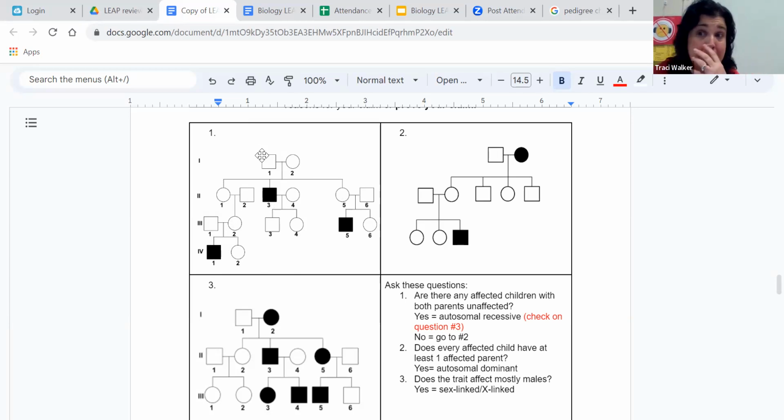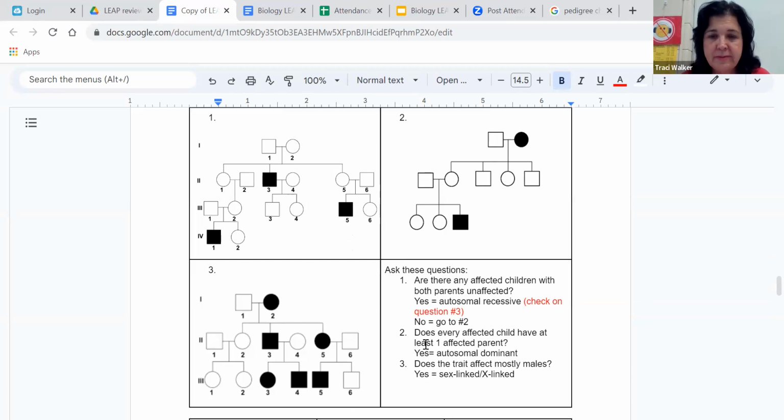So that means it is recessive, but before I can say it's autosomal recessive, I need to check on question number 3. So question number 3 says, does the trait affect mostly males? And yes, I have 3 males affected. No females are affected. So that means that this first one is X-linked, okay?